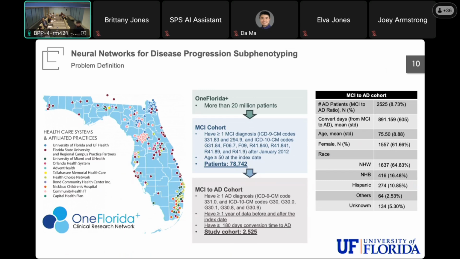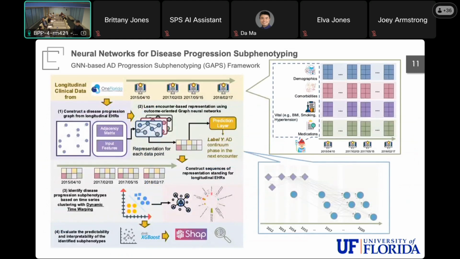Now, this is brief information of the data, and let's check the proposed framework. We call it GAPS, and the input data of this framework is longitudinal electronic health records, which means it's the sequence of patients' historical encounter information as visit information. Each encounter contains the demographic features, the comorbidities, vital information like smoking status, hypertension information, and the medications.